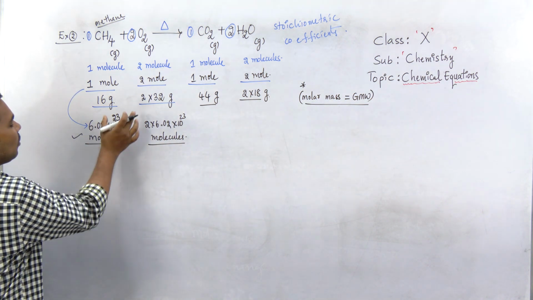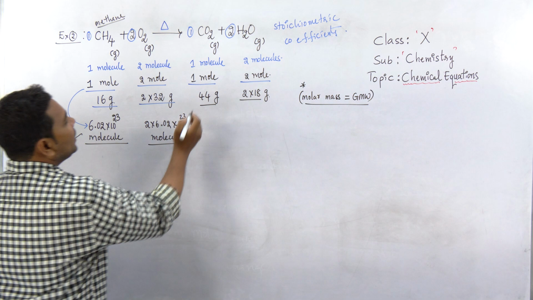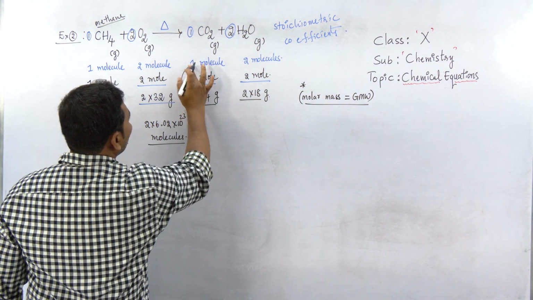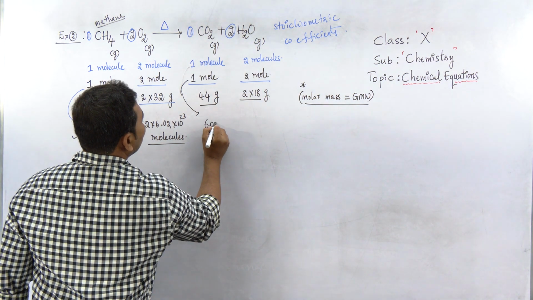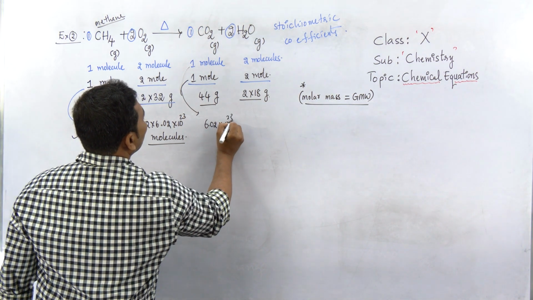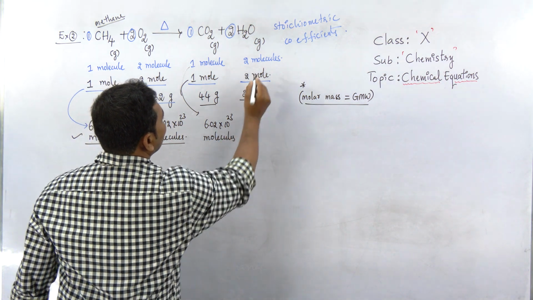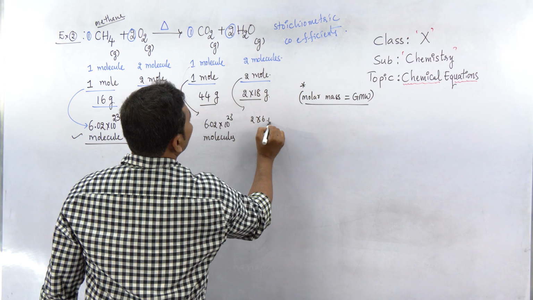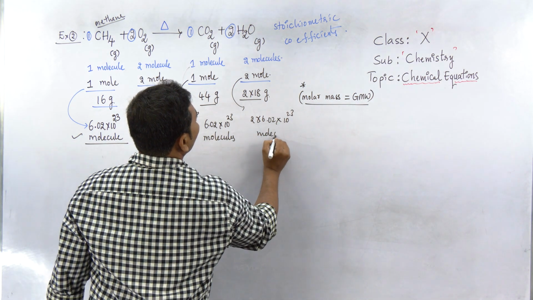The molecules in this ratio react completely to produce 1 mole. Again here you see 1 mole CO2. 1 mole contains 6.02 into 10 to the power 23 molecules of CO2, and here 2 moles, so 2 into 6.02 into 10 to the power 23 molecules of water.